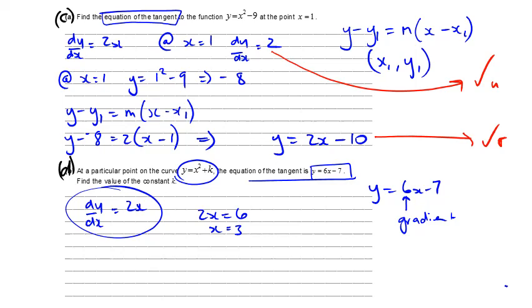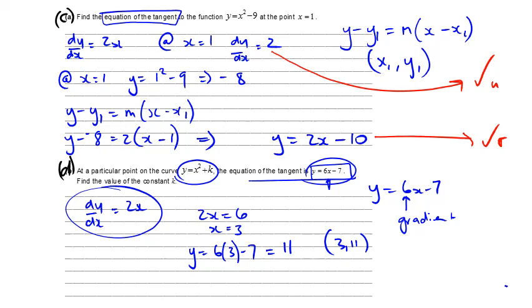So therefore, in this equation here, y equals 6 lots of 3 minus 7, which is 11. So this tangent passes through the point 3, 11. Okay.